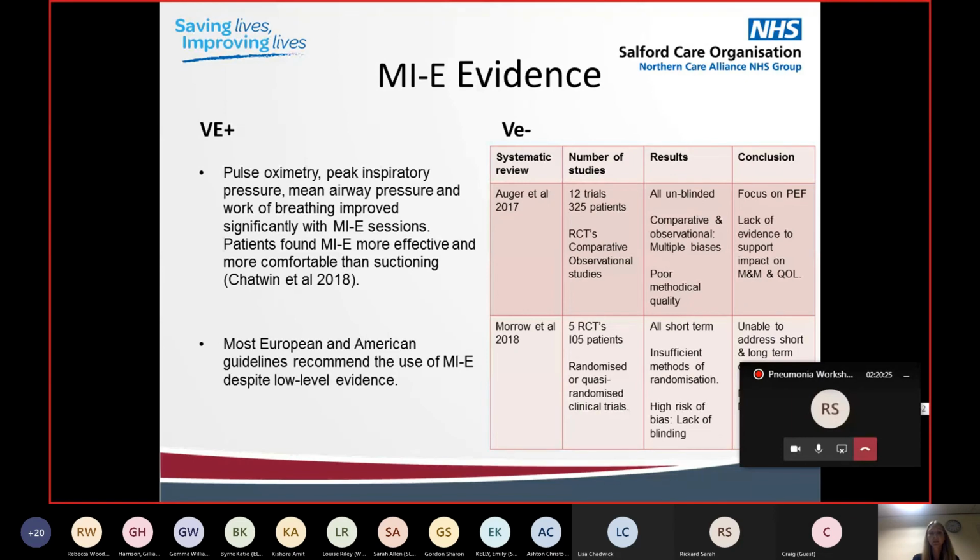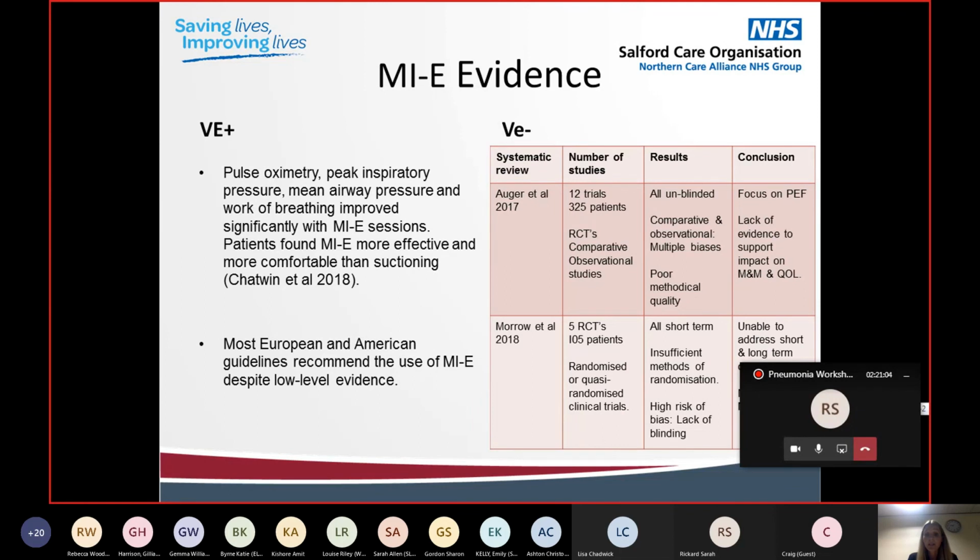Even though we're going to have a look at some of the evidence and that is low level, most European and American guidelines do still recommend the use of a cough assist. Two systematic reviews in the last few years have looked at the evidence, and really the conclusions aren't that great. The studies all look relatively small. They're all unblinded, but we might need to recognise that we are using a device and it probably is quite difficult to blind that.